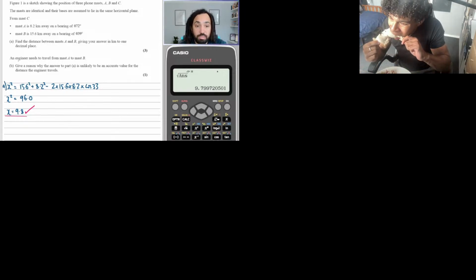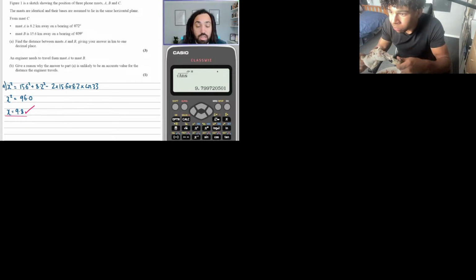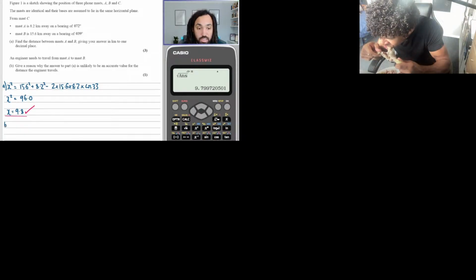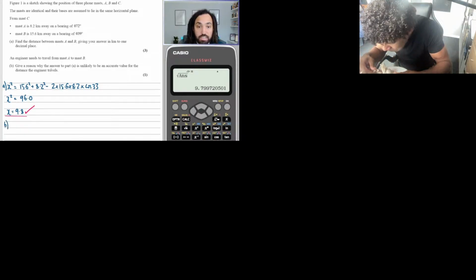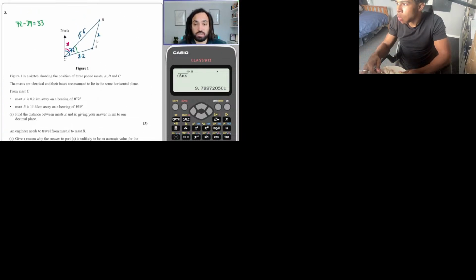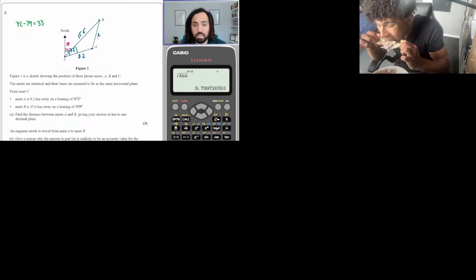Lovely, and then it says an engineer needs to travel from mask A to B. Give a reason why the answer to part A is unlikely to be an accurate value of the distance the engineer travels? It's because he's unlikely to be able to travel in a straight line. That's just a straight line from direct, like as the crow flies, I think it's the term.